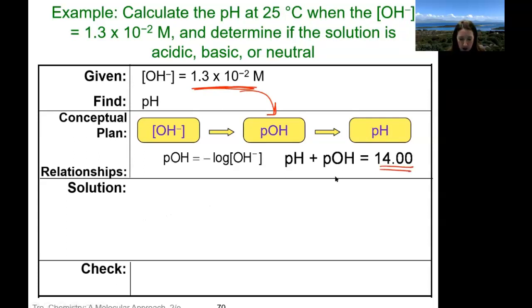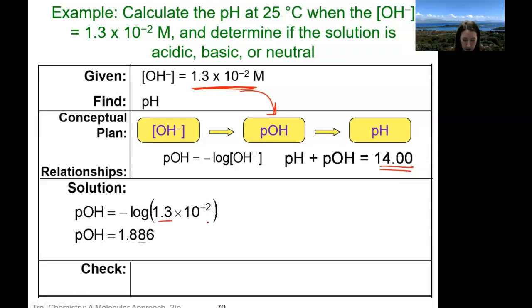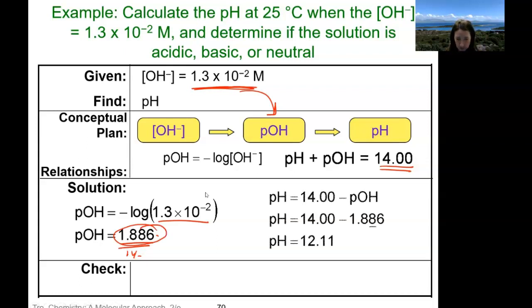So it's much faster. So we, again, negative log of what they gave us is our POH. So now we just need to take 14 minus this, and that's going to give us our pH. Now, when looking at this, if my OH is negative 2, I'm guessing my pH is around 12, right? So you should be getting a little bit better at being able to kind of go back and forth like that.